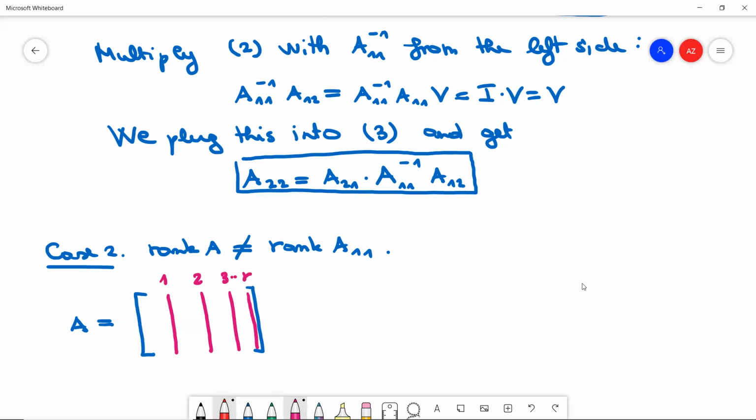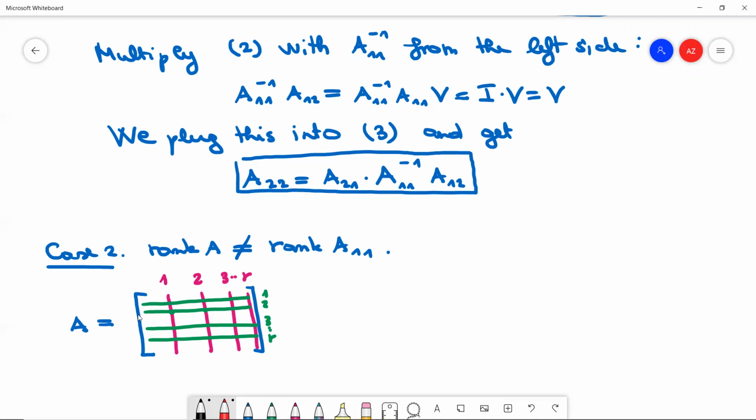Within those R columns, there are rows which are also linearly independent. So let's say that this one, so we just intersect these R columns with R independent rows. We have 1, 2, 3, and so on. And what will be the candidate for A11? So in the first case, those violet columns were the first R columns, and the green rows were just the first R rows. But here it's not the case.